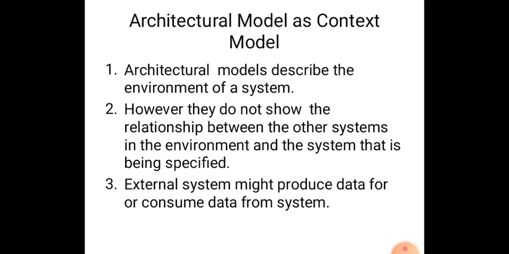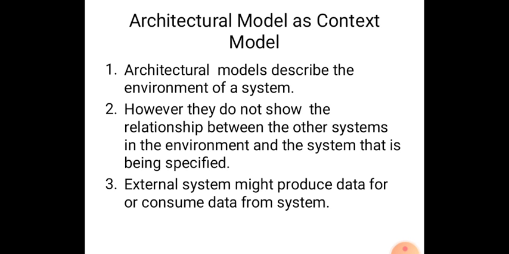Now we'll take up the architectural model as a context model. Students who have studied earlier know that the architectural model is one of the representations of the context model. And other models are process models and data flow models. Point number 1. Architectural models describe the environment of the system. Number 2.